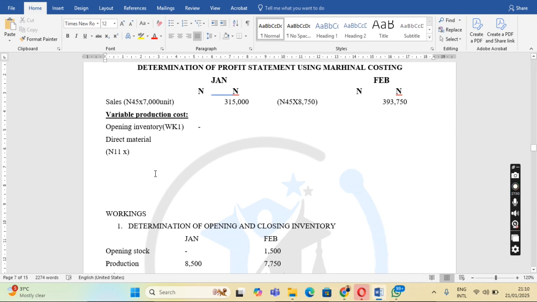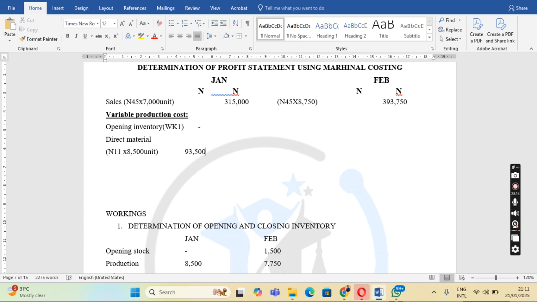Now, how many units did they produce? For January, they produced 8,500 units, right? So what will be the direct material cost? Class, multiply. Give me the figure, please. 93,500.